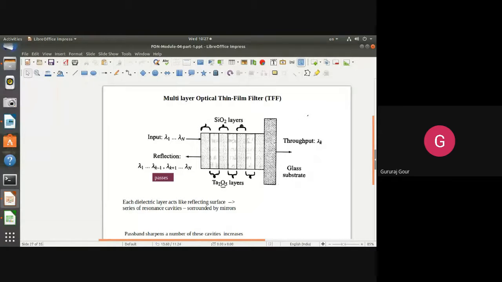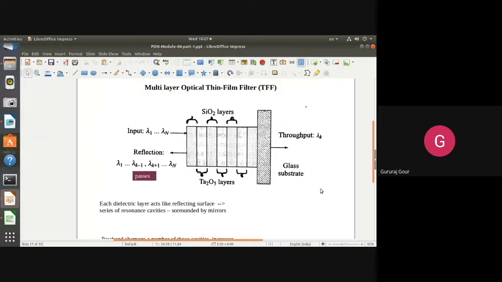In this multi-layer optical film filter, we are using alternate layers of silicon and titanium pentoxide, switched between each other, creating multiple layers of the optical film.